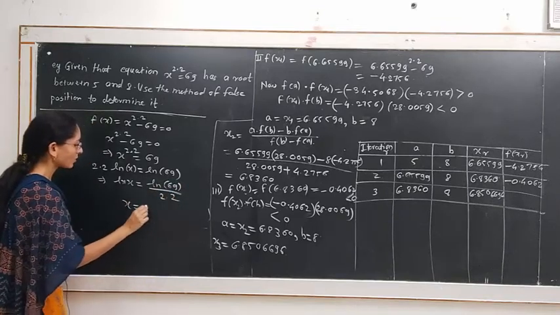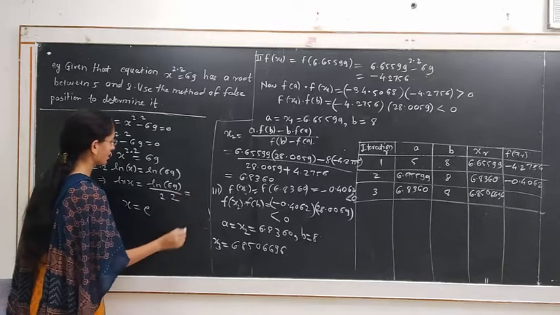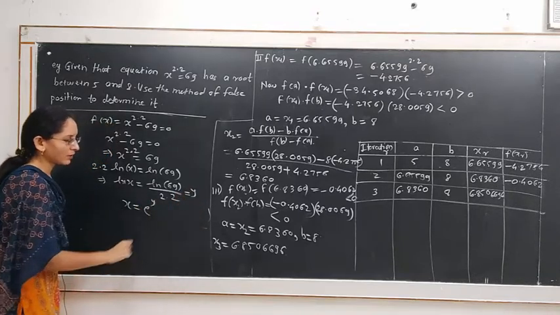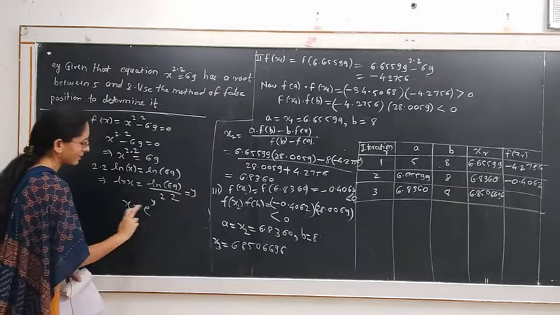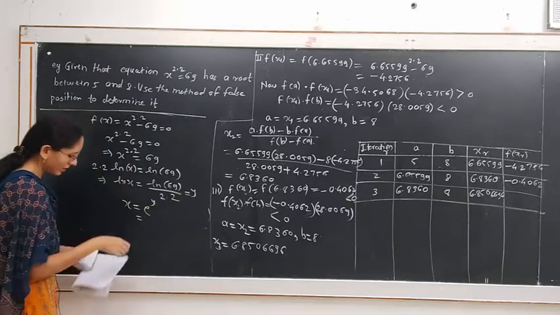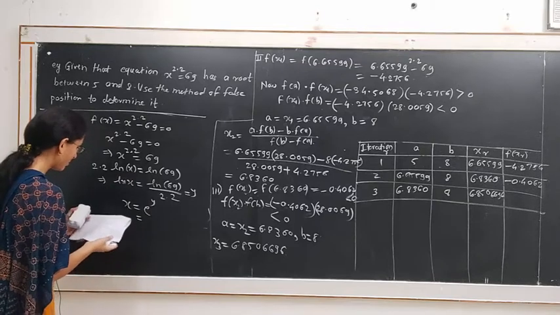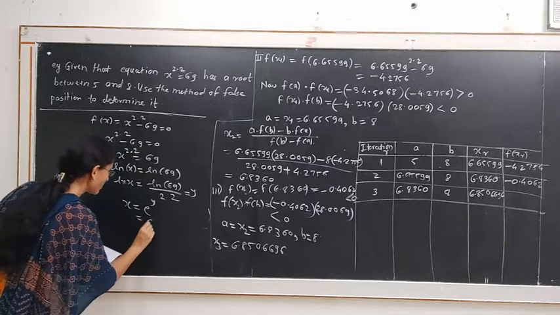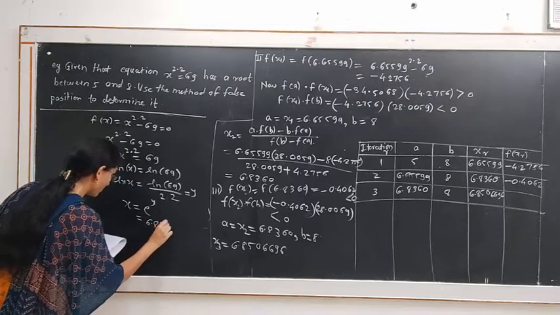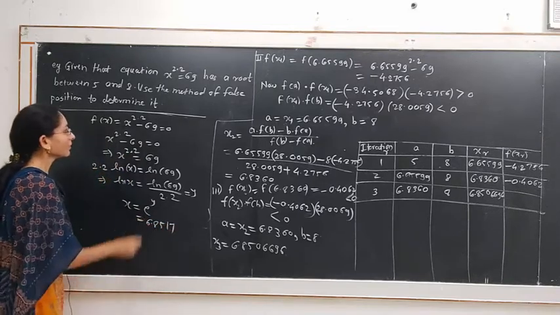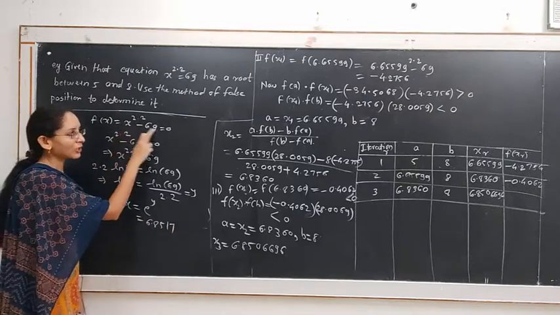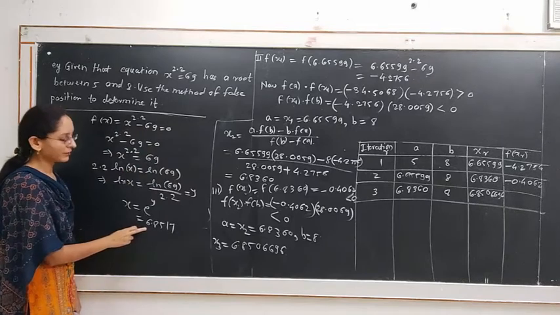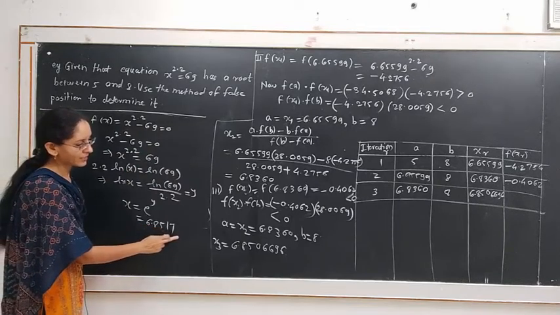Suppose this value is y, and the x value is obtained by taking the exponential of y. If we solve this equation, then we will get the root of the equation as 6.8517. If we directly solve this equation, we get the correct root as 6.8517.